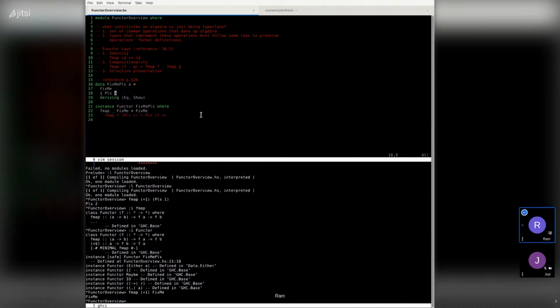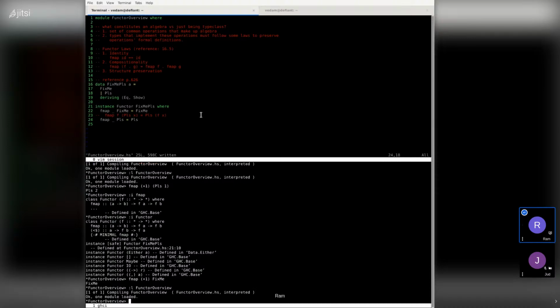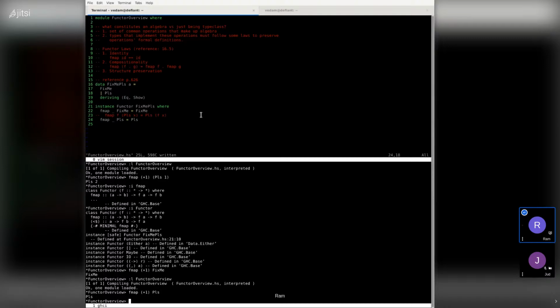If we had this as our definition, even though we passed in an a, we could do fmap Plus equals Plus, and this is kind of worthless, but it'll compile because we passed in a type. Let's see what happens when we try to pass in Plus. It's going to create fmap of Plus. Let's do this with Fix Me.